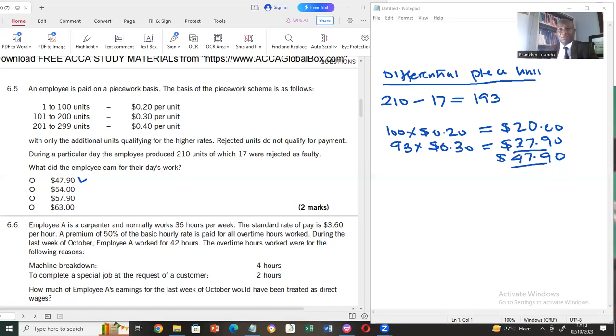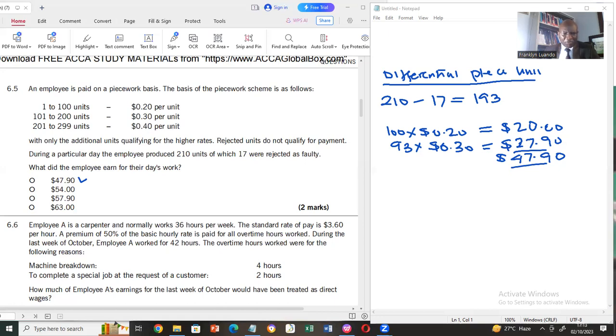Machine breakdown: the whole amount will be paid at a premium and classified as indirect labor or under overheads. So in this question we have employee A, a carpenter, who normally works 36 hours per week. The standard pay rate is 3.6 per hour.